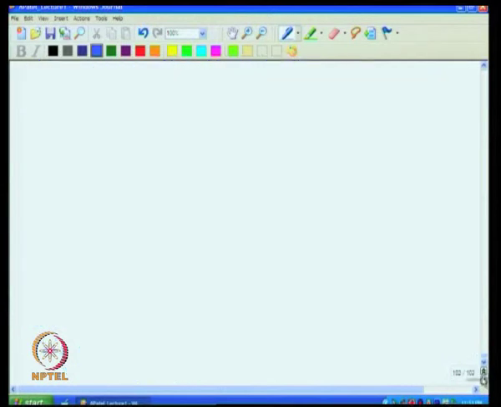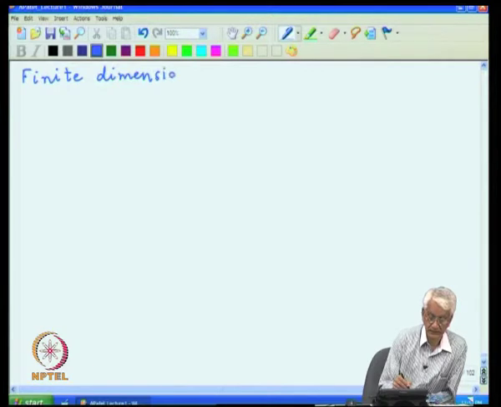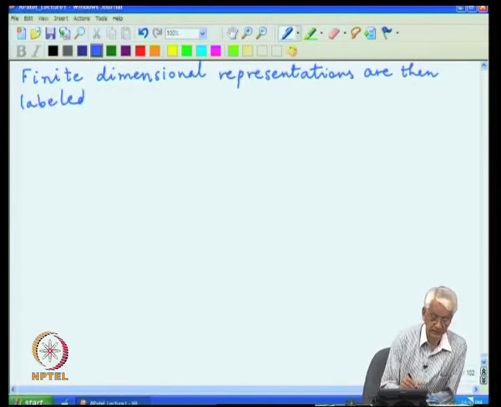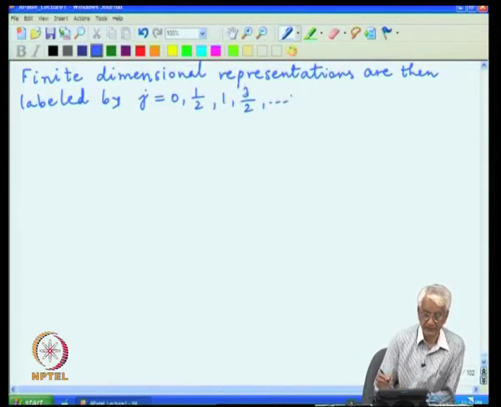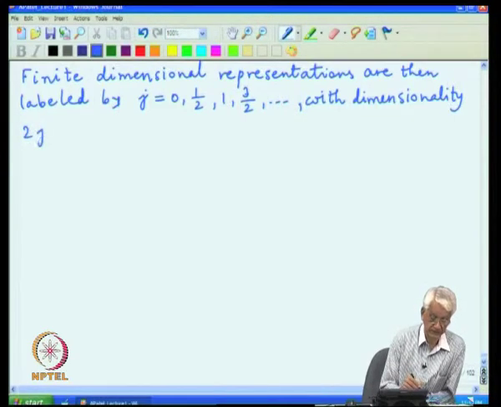So, we can state that finite dimensional representations are then labeled by j equal to 0, 1/2, 1, 3/2, etc., with dimensionality 2j plus 1.